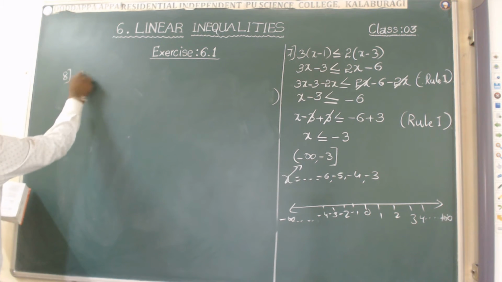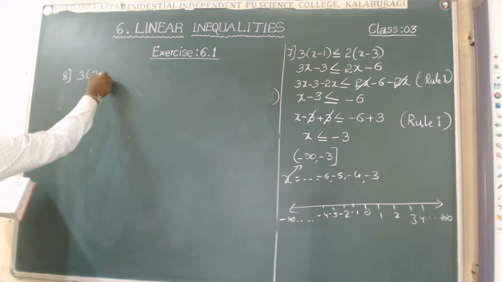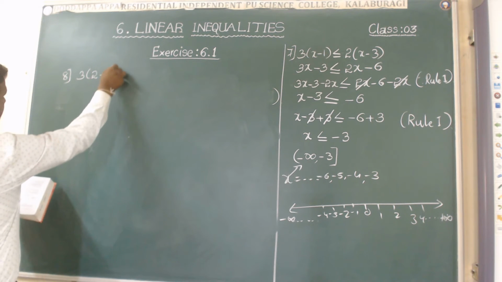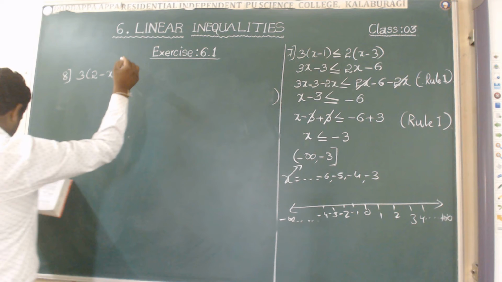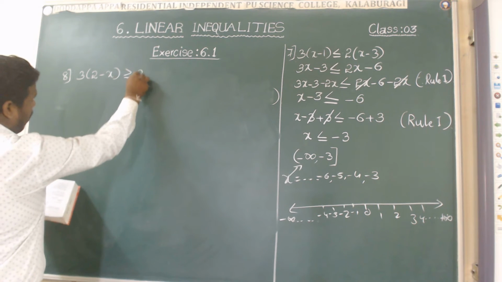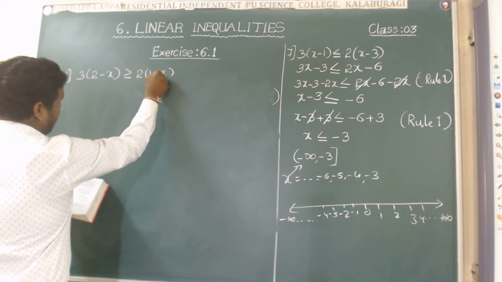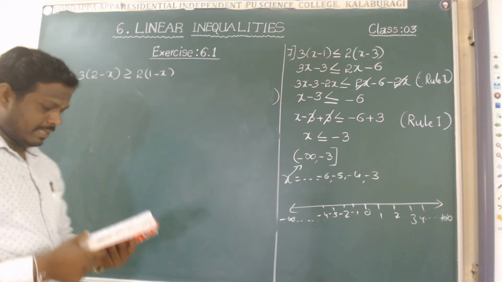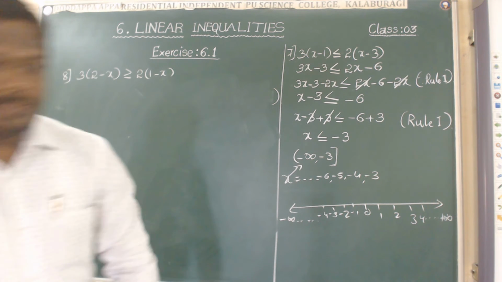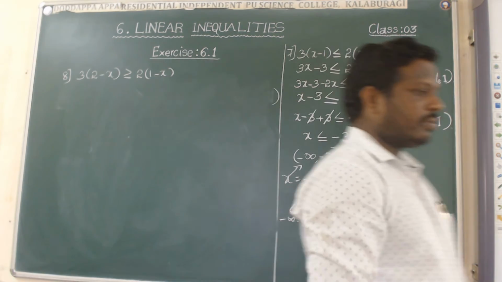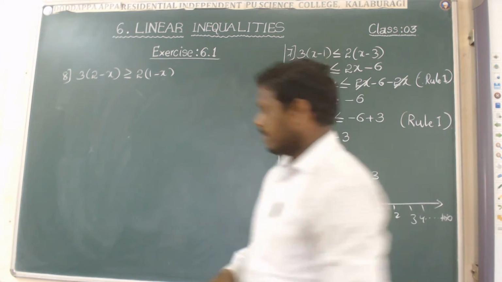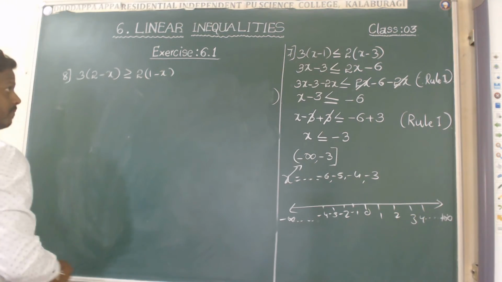3(2 minus x) is greater than or equal to 2(1 minus x). Okay, we have to simplify using the two rules. Let us come to the solution of this one.